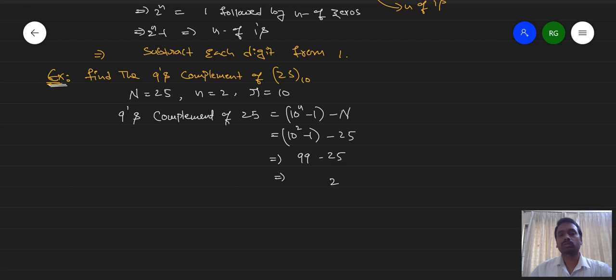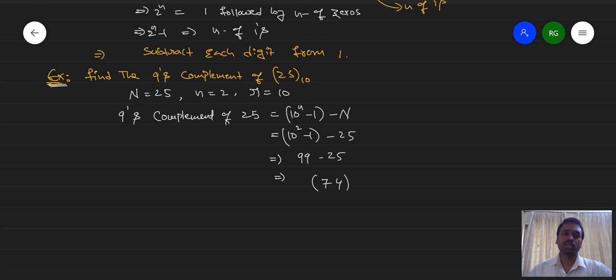So my 9 minus 5 is 4 and 9 minus 2 is 7. So this is the 9's complement of my given number. This can be done by using the formula.